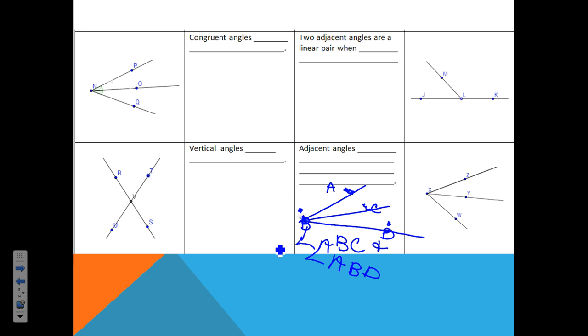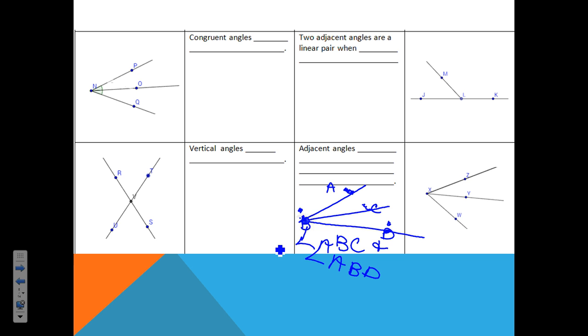Everyone sees that AB is the common side, but notice that C is a common interior point to both of them. ABC has C in it, and ABD also has C inside of it. So that's a common interior point, so these two can't be adjacent. ABC and CBD are, but not ABC and the whole angle ABD.